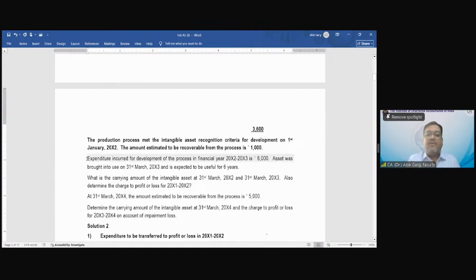Expenditure incurred for development of the process in financial year 20x2-20x3, the next year, is 6000. The asset was brought back into use on 31st March 20x3 and is expected to be useful for 6 years.